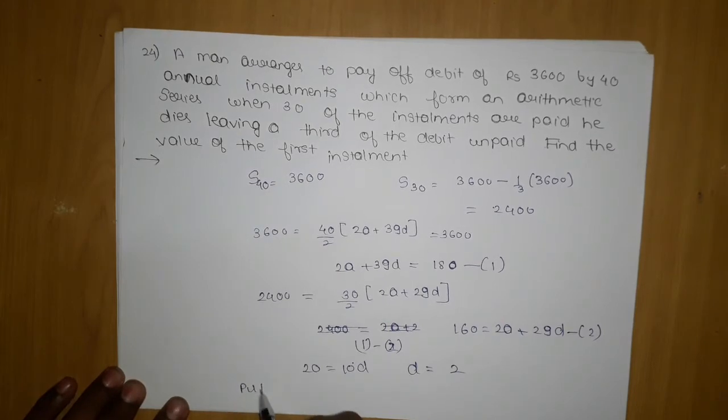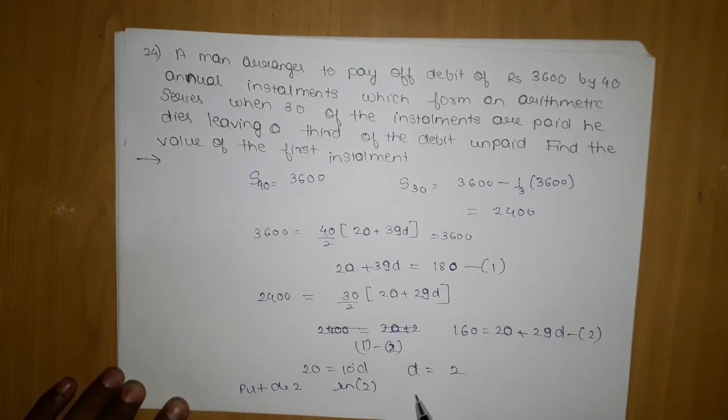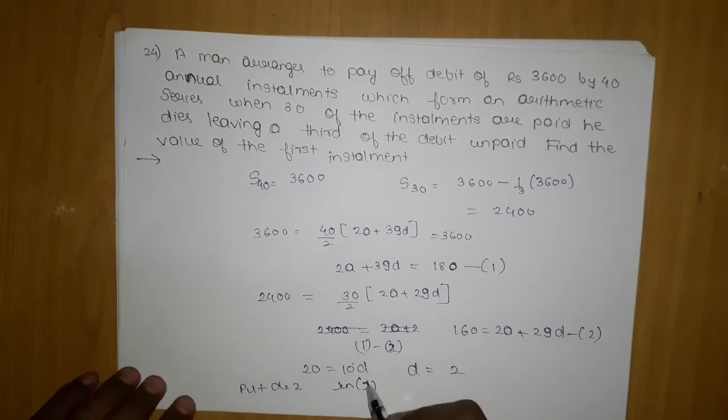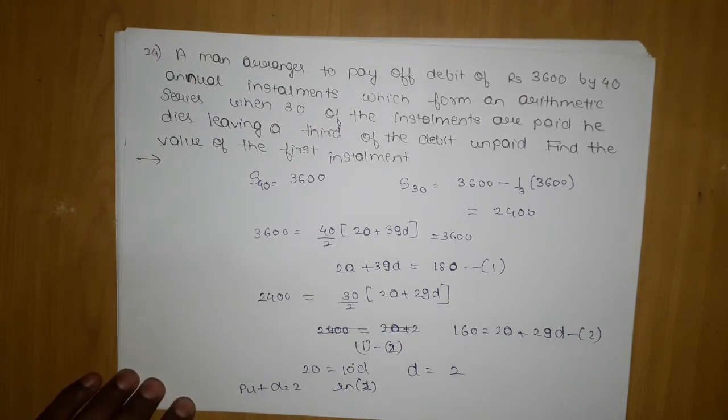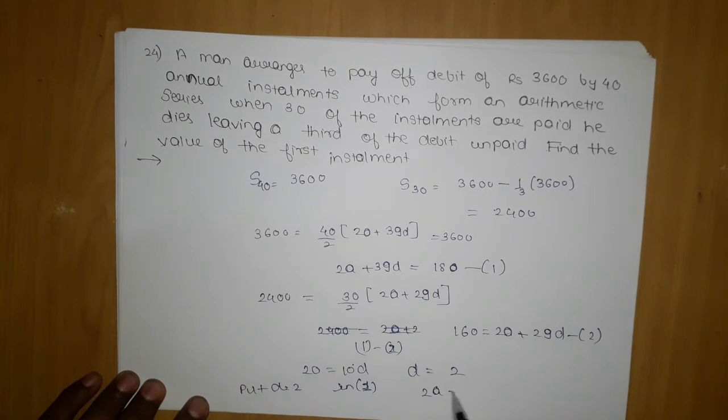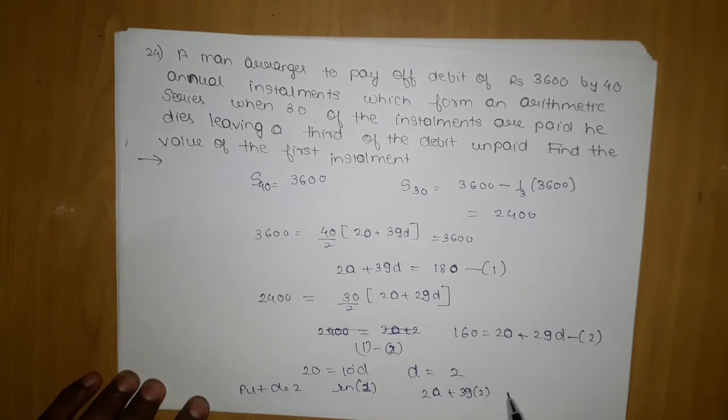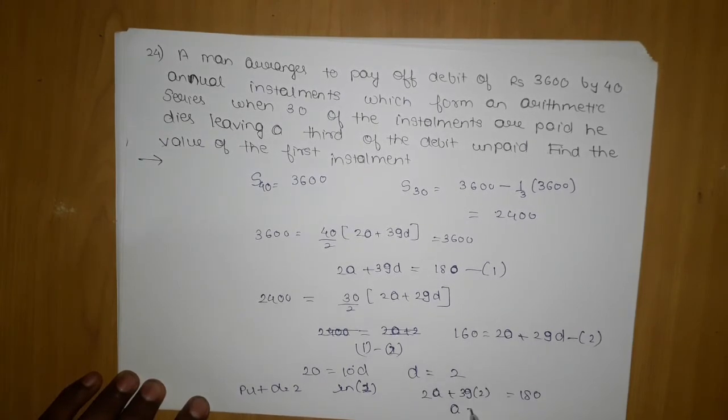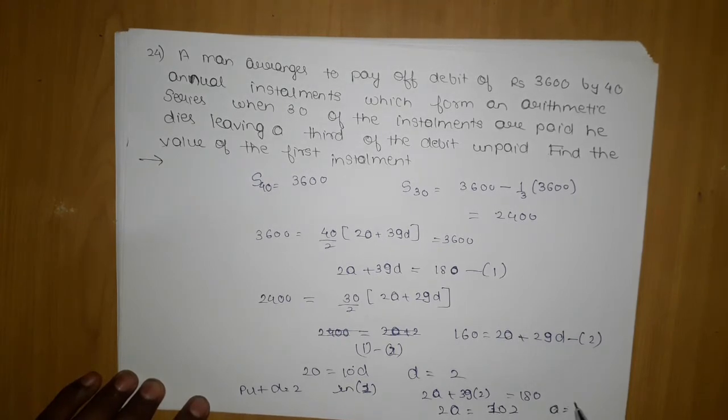We will put d equals 2 in 1 or 2, whichever; let's put it in 1 because it is 39. 2 into a plus 39 into 2 equals 180, giving me 2a equals 180 minus 78, which is 102, divided by 2, giving me a equals 51.